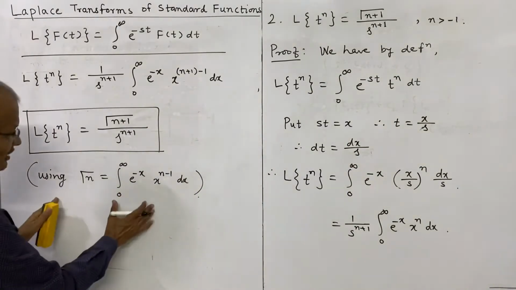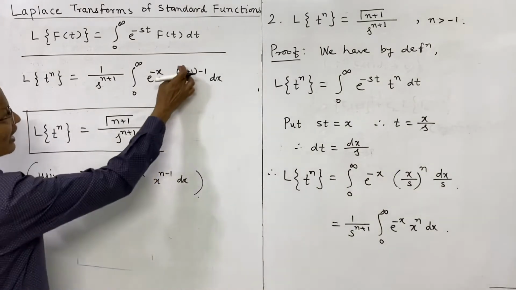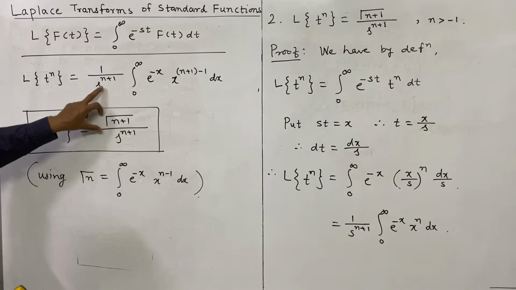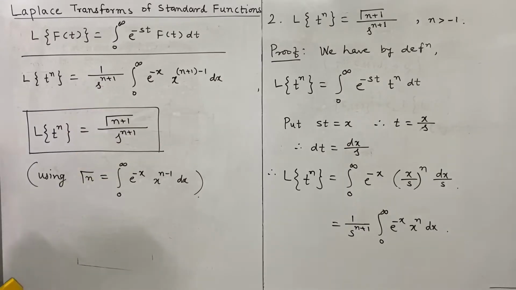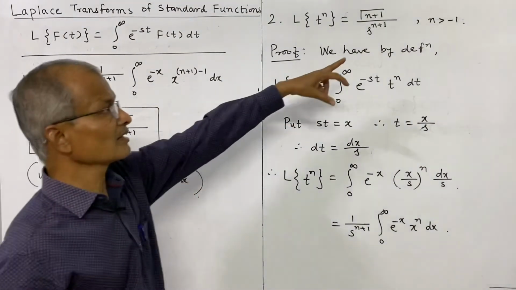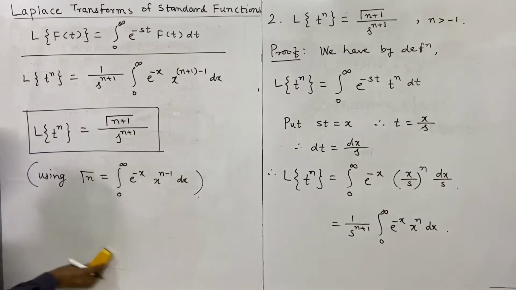And if it is written in this form, then it is a special function which is gamma of this number, and here it is gamma of n plus 1, gamma of n plus 1 divided by s power n plus 1. So this is the Laplace transform of t raised to n when n is greater than minus 1. Now what happens if n is a positive integer?